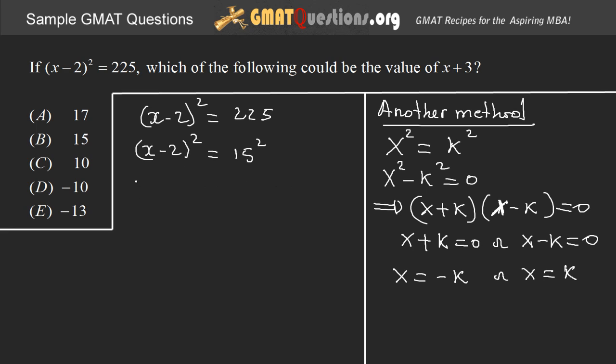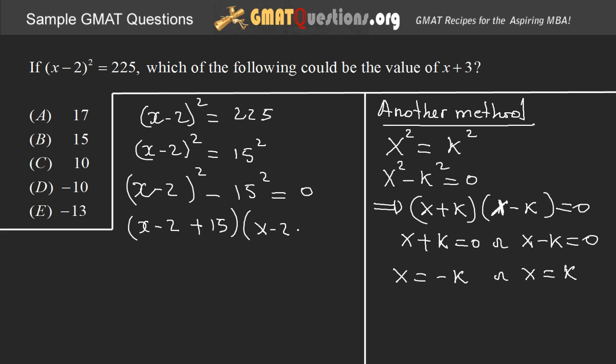Using this particular technique, we're going to say that (x minus 2) squared minus 15 squared equals 0. If you have the difference of two squares equals 0, then all you have to do is, this being the big x here, x minus 2, we're going to have x minus 2 plus 15, like the plus k here, times x minus 2 minus 15, equal to 0.